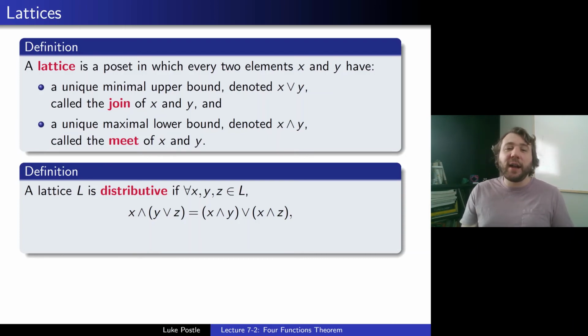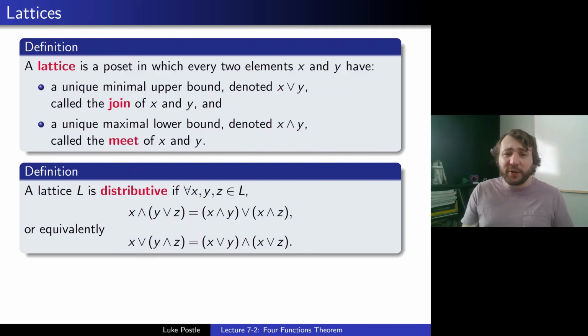So if you take the meet of x and y join z, then it indeed ends up being the join of x meet y and x meet z. Or equivalently, there's an alternate form where x join y meet z is x join y meet x join z. So that's just a definition, that's distributive lattices.